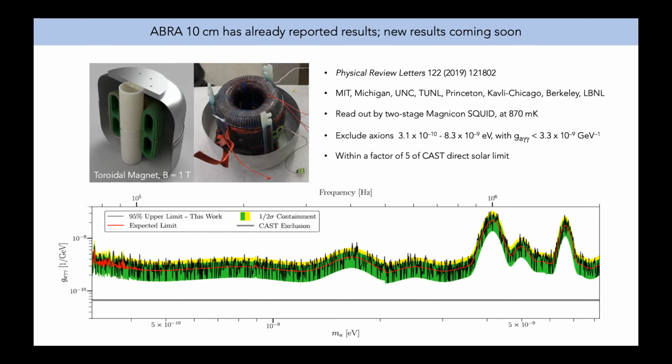They finished another run for which the limits are actually going to be down below the CAST limit. That is just beginning to be written up and should be reported sometime this year.